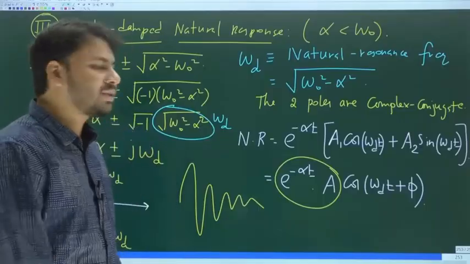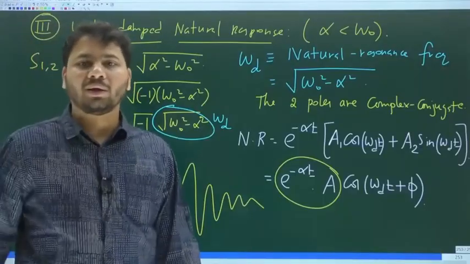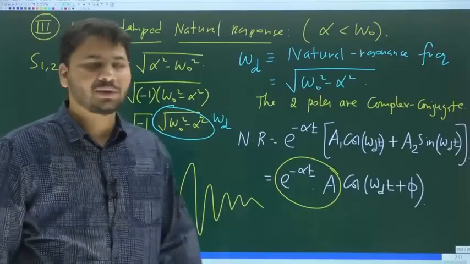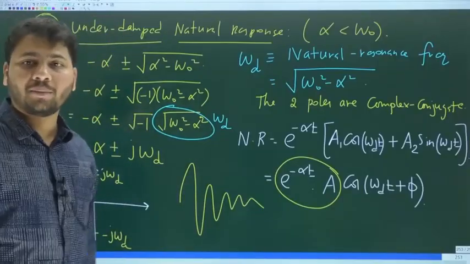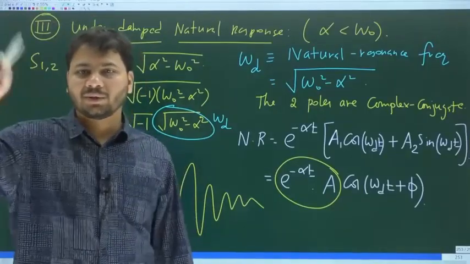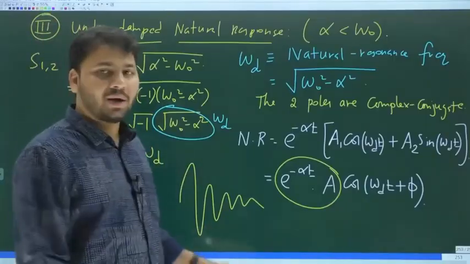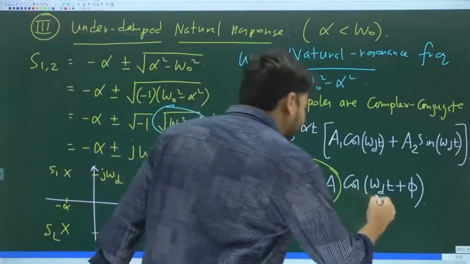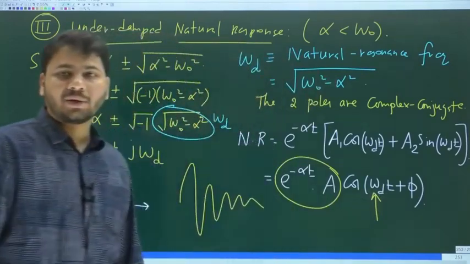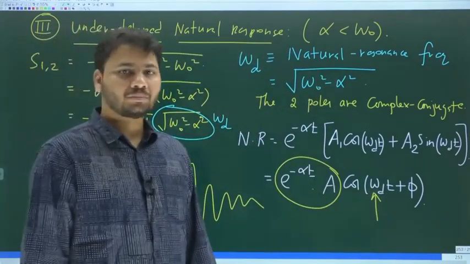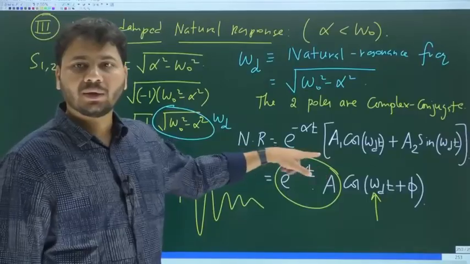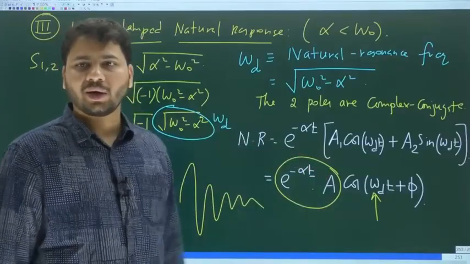Understood? So you get an oscillatory transient response only for the underdamped case. The natural response is going to be oscillatory, and it oscillates at a frequency of omega d.